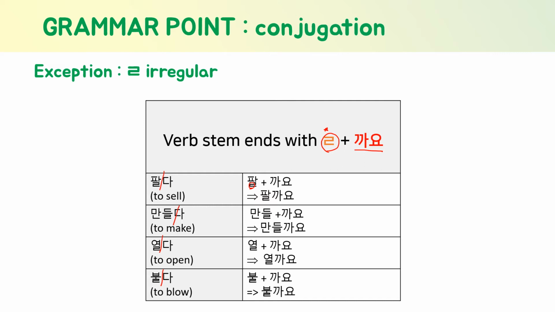So 팔다 becomes 팔까요. 만들다, 만들, add 까요, becomes 만들까요. 열다, to open. Stem 열 ends with ㄹ, add 까요, becomes 열까요. 불다. Stem 불, add 까요, and after that it becomes 불까요.